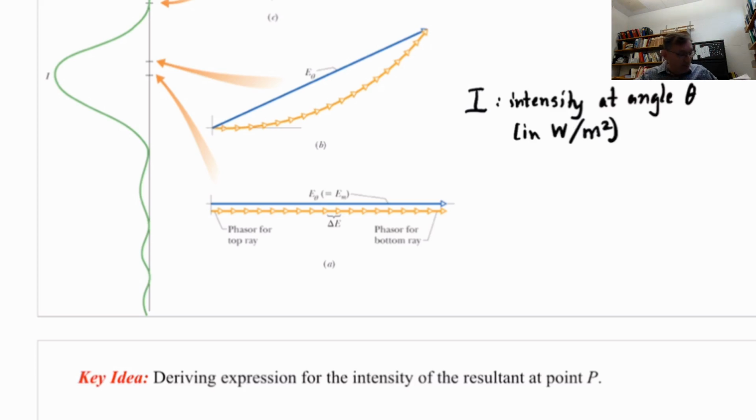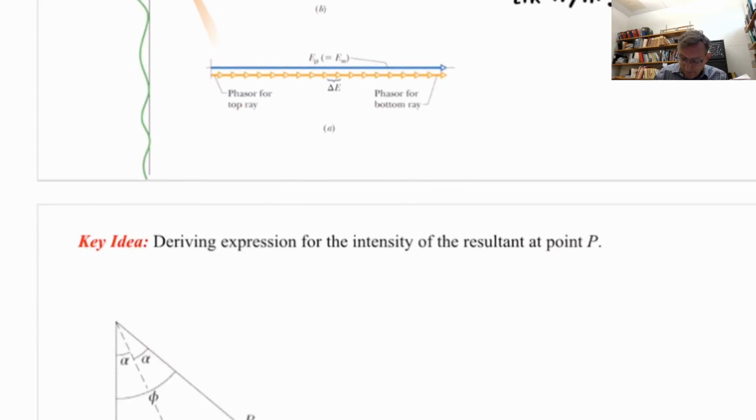And the way I'm going to do this, and I'm not going to ask you to repeat this derivation, I just want to show it to you so that you can see that it's mostly geometry with the phasor picture. Let me show you.